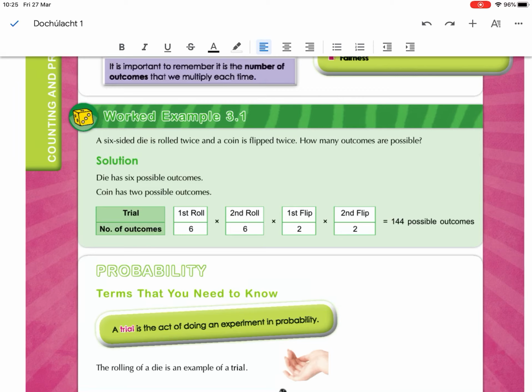So my first roll has 6 outcomes, and for the second roll I can have 6 outcomes again because it's the die again. Then we flip the coin twice, so you'll have 2 outcomes for the first flip and 2 outcomes for the second flip. So your total outcomes will be 6 by 6 by 2 by 2, which is equal to 144 possible outcomes. That's the fundamental principle of counting done.